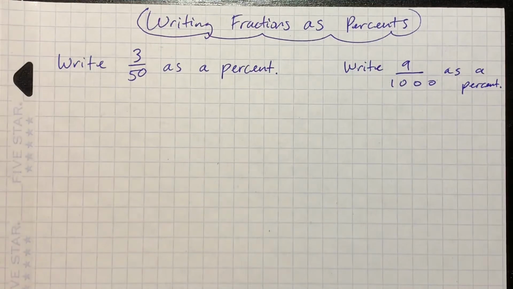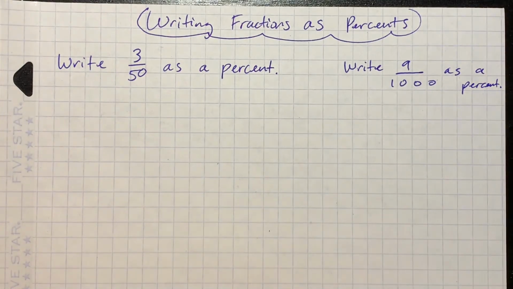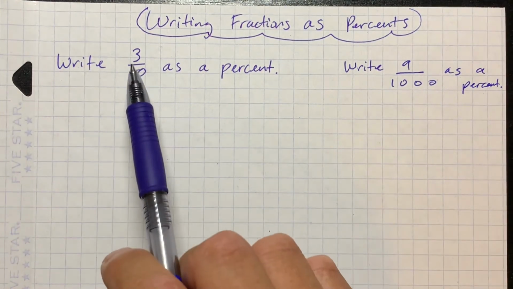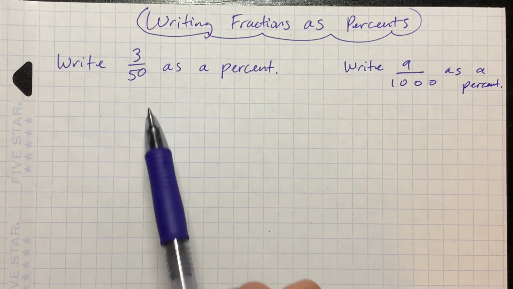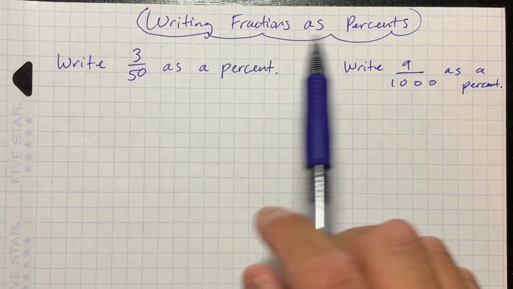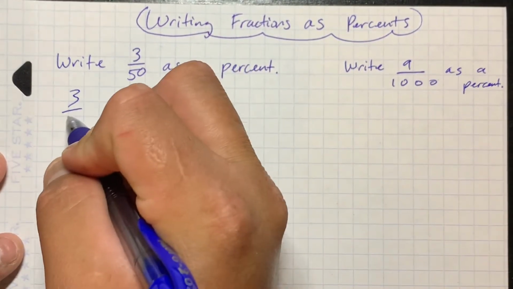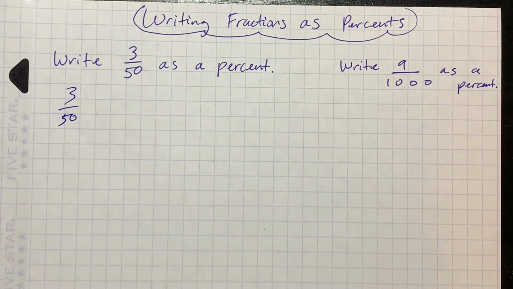All right, so for this example, what we're going to do is write fractions as percents. Okay, so we're going to write 3 over 50, or 3/50ths, as a percent. So we're going to go from a fraction to a percent. Now, since we have 3 over 50, remember, percent means per 100.